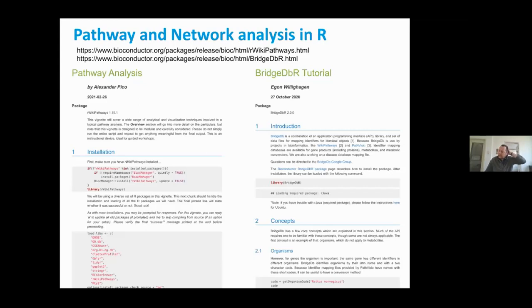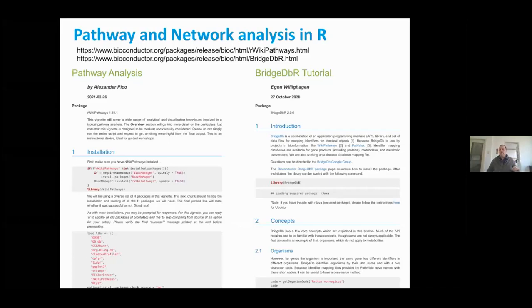This is a slide that I added during the session earlier. These are two R packages that you might find interesting. On the left side, the pathway analysis, that's the rWikiPathways package. If you're into pathway analysis and network analysis with Cytoscape, then the rWikiPathways package is the one to look at. It has four vignettes, I think.